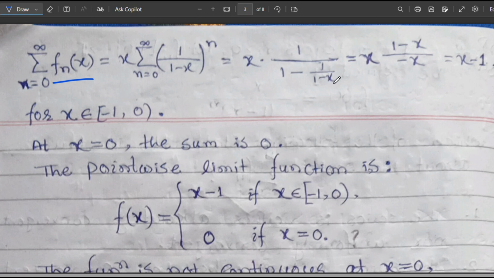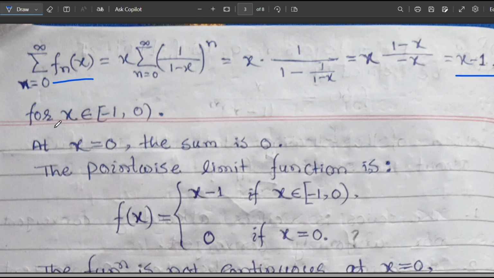When we solve this, x into (1 minus x minus 1) comes to minus x, and whatever is downside goes upside. So it becomes (1 minus x) by minus x, and x will cancel. So here it will come minus of (1 minus x), which is x minus 1.